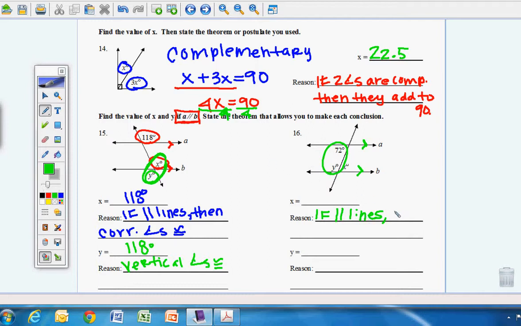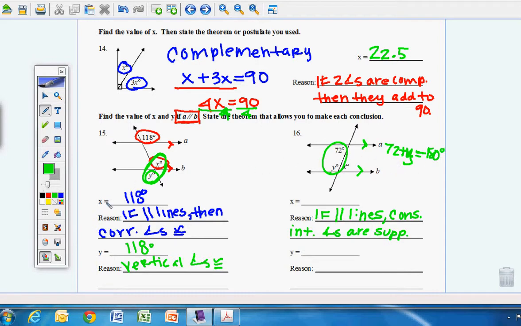So if I have parallel lines, I know consecutive interior angles are going to be supplementary. If they're supplementary, they're going to add up and equal 180 degrees. So I have 72 plus y equals 180 degrees.